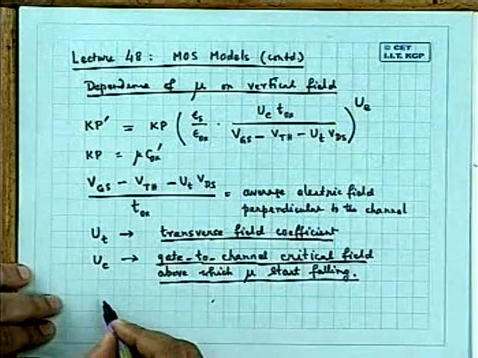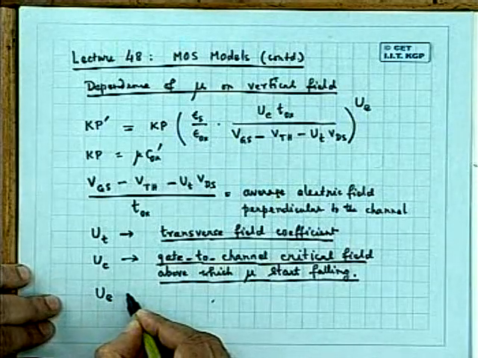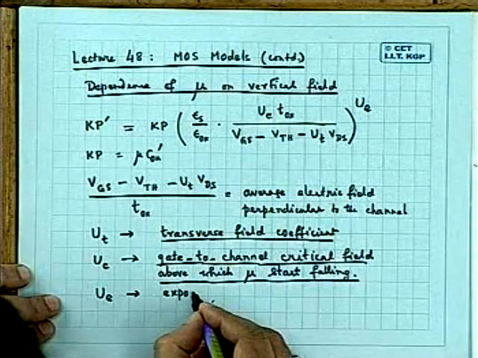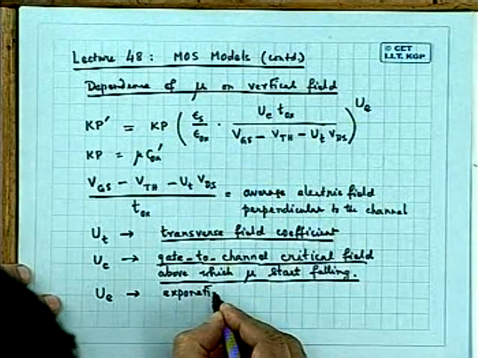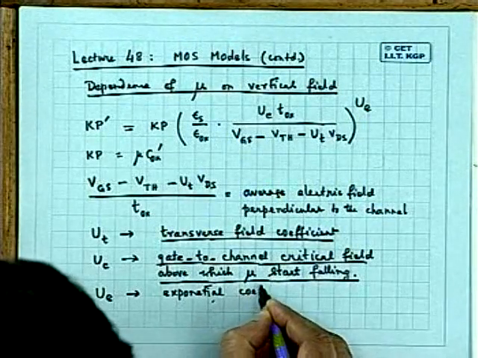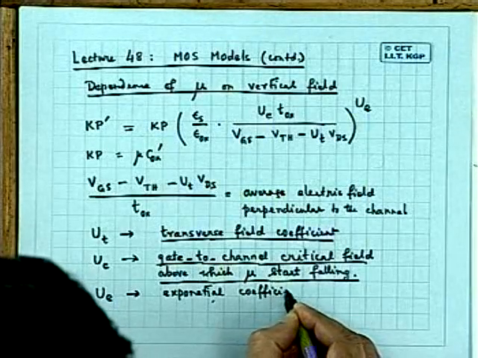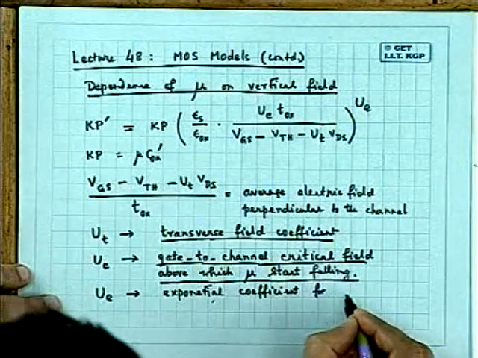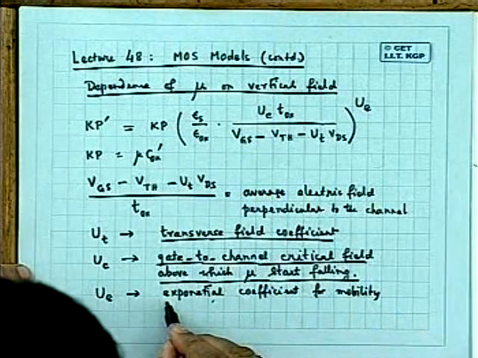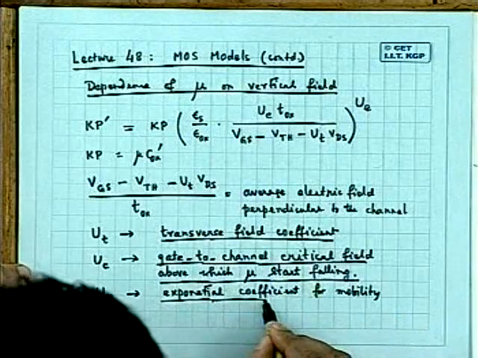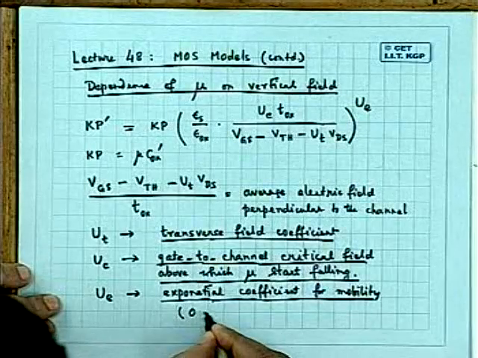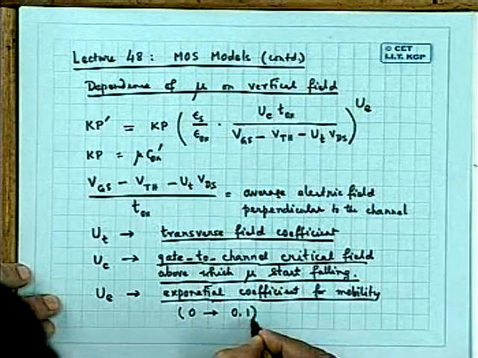UE is called the exponential coefficient, it should have been called the exponent, anyway, the exponential coefficient for mobility. It is a SPICE parameter. Its value lies between 0 and roughly 0.1 typically.